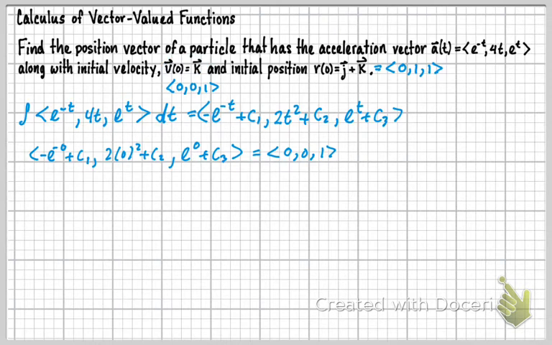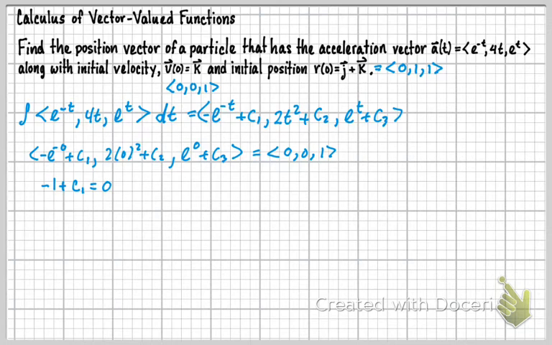So that tells me then that this here is going to be negative 1. So negative 1 plus c1 should equal 0, because the first component equals the first component, the second component equals the second component, and the third component equals the third component. So we're just going to write those out now.